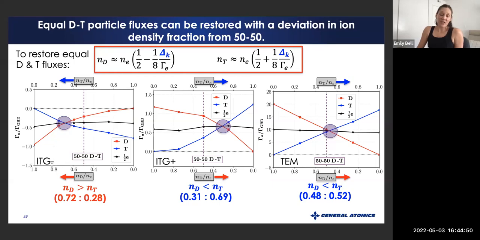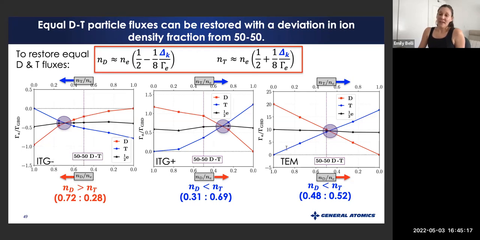So for the ITG negative case, where gamma E is inward or less than 0, equal D and T particle fluxes are restored with a larger concentration of tritium and a lower concentration of deuterium. In contrast, for the ITG positive case, where gamma E is outward or greater than 0, gamma D equal to gamma T requires ND less than NT.